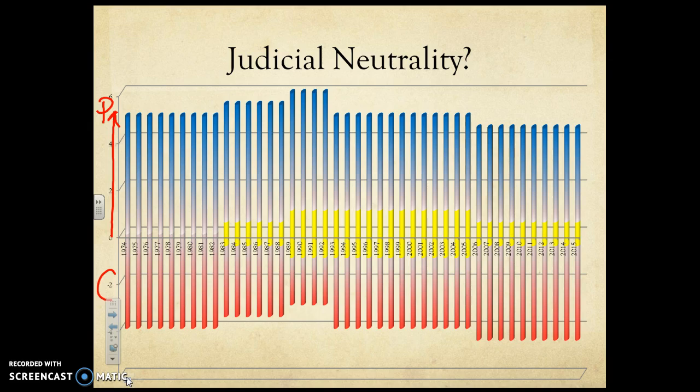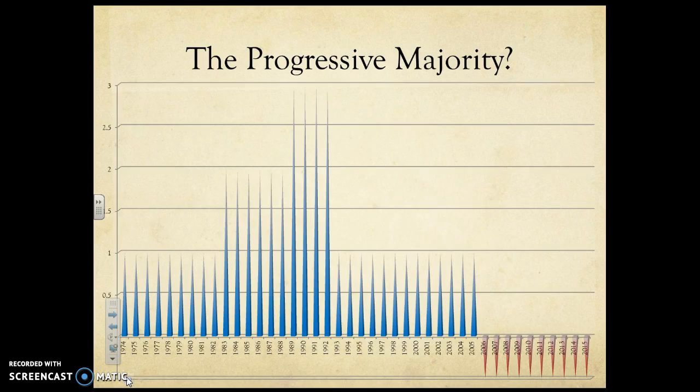Okay, so what does that mean? It means that we have had a progressive majority for the larger part of the 70s, 80s, and 90s. Again, I've been a little bit cavalier here. They don't really have a majority. That's down to a half. I hope you can see it's not one.